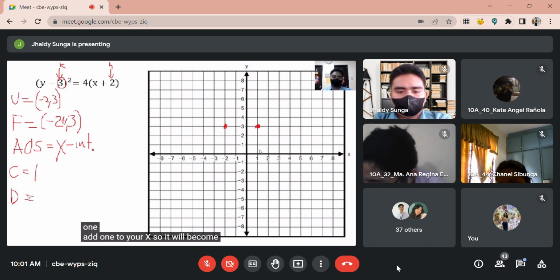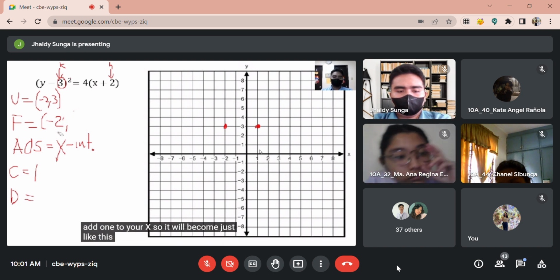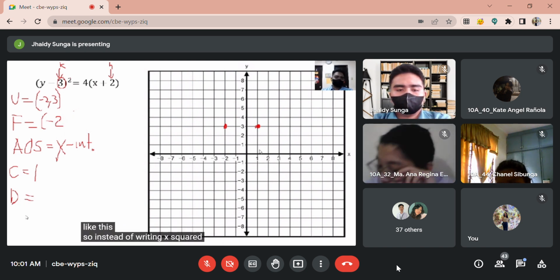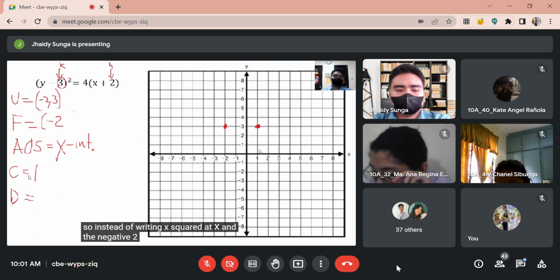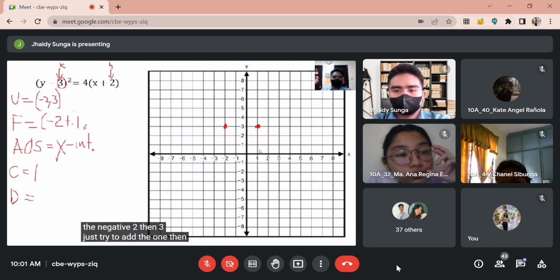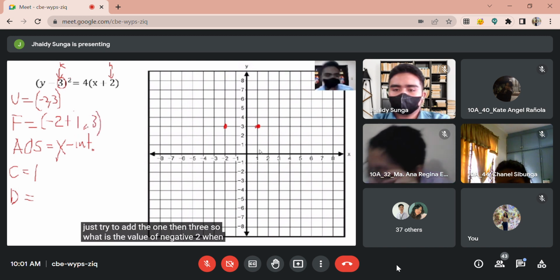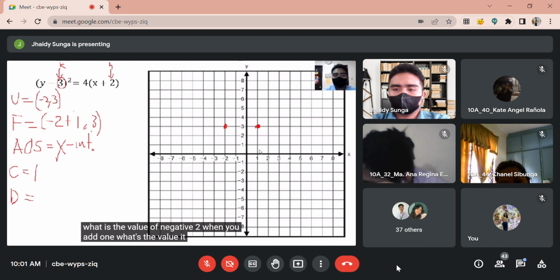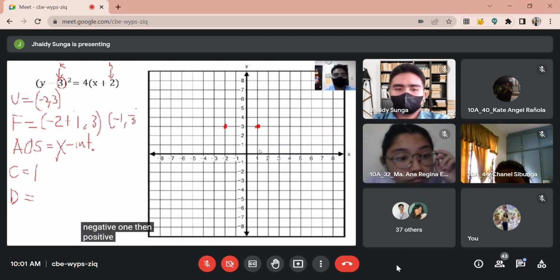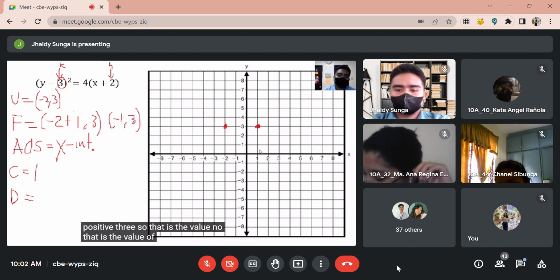So instead of writing x and negative 2, then 3, just try to add 1, then 3. What is the value of negative 2 when you add 1? It will become negative 1, then positive 3. That is the value of your focus. This is your focus, not this one, all right?